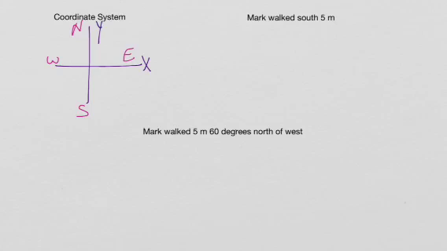They can also be related to angles, and generally I like to refer to them as angles starting from the positive x-axis going counterclockwise. So the positive x-axis would be a 0-degree angle. North would be 90 degrees. West would be 180 degrees. South would be 270 degrees.